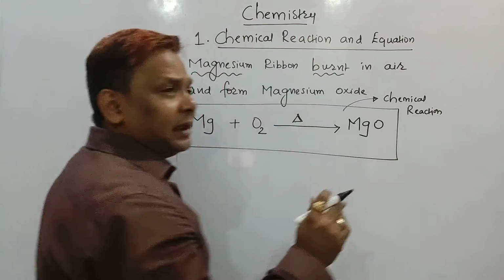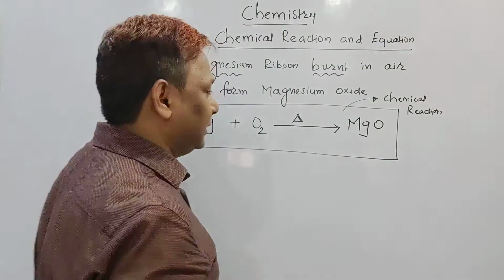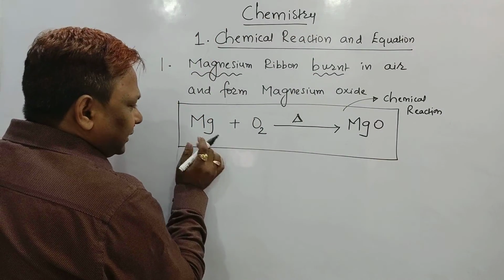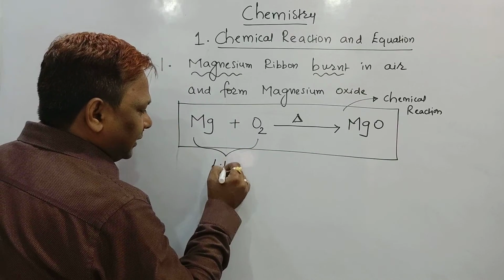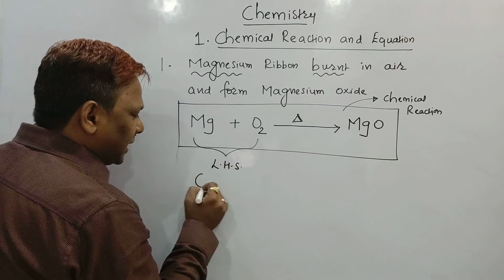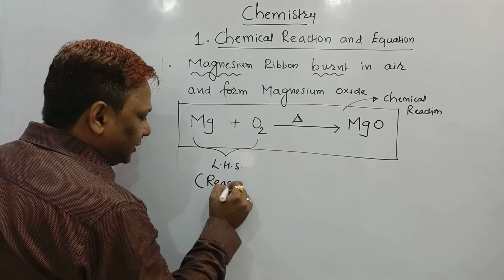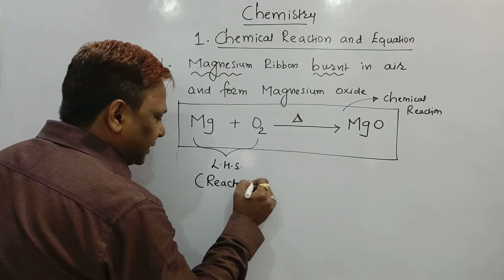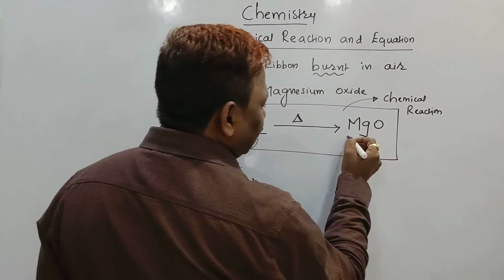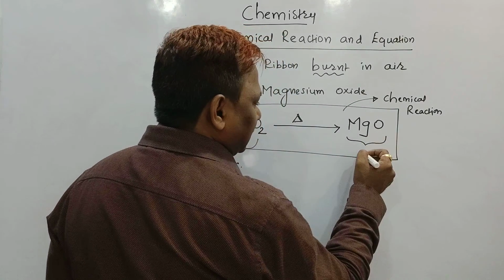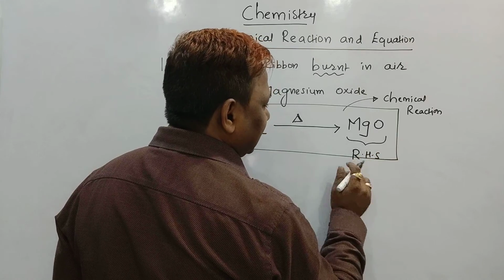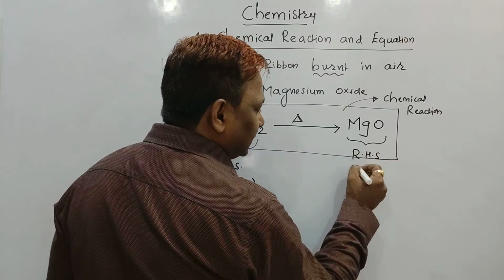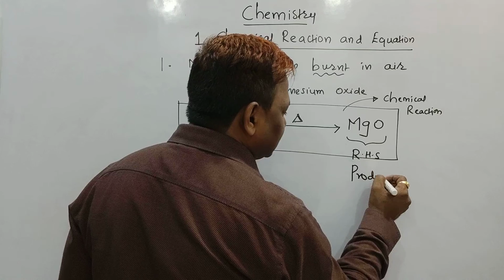In this chemical reaction, two important terms came up. The chemical entity which is written on the left hand side, the LHS, is called a reactant. The chemical entity which is written on the right hand side, the RHS, is called a product.